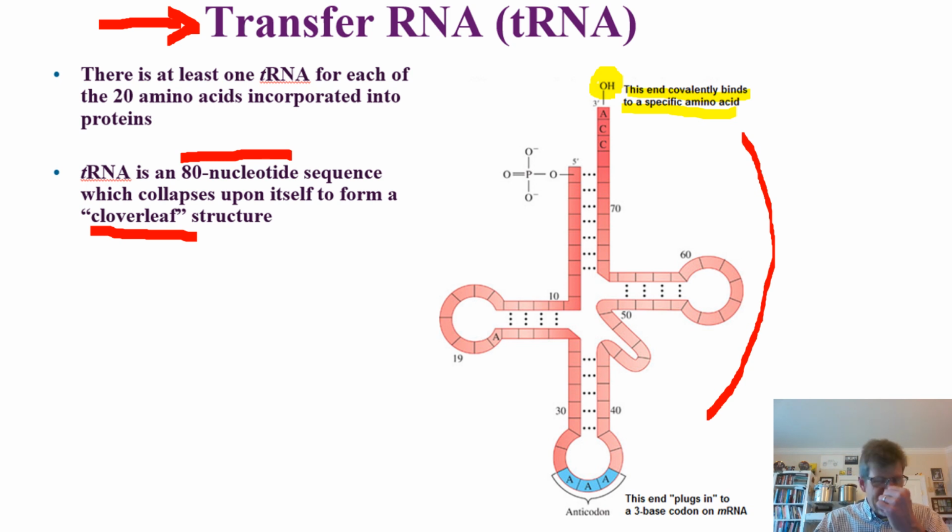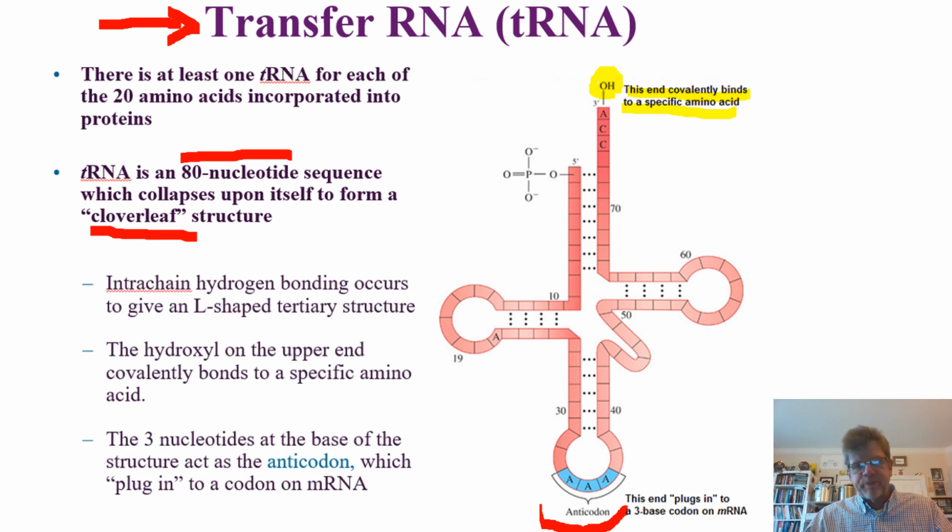So if there's 20 amino acids, there is at least one specific transfer RNA for each amino acid, and we're going to find that there are actually many more different transfer RNAs than 20, but there's at least one for each amino acid. And what we ultimately have up on top is the covalent attachment of the amino acid, and then on the bottom we have our other informational role.